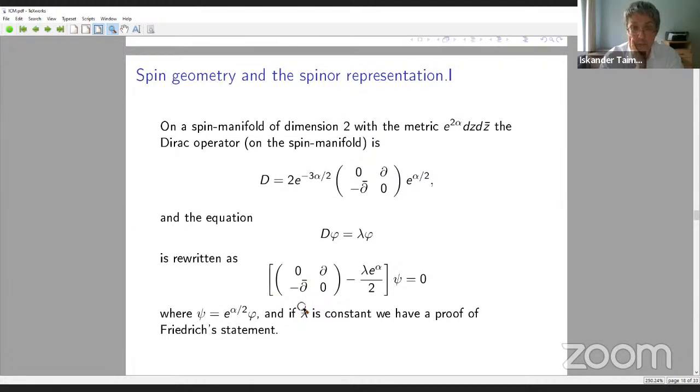It's a two-line derivation. Here ψ is equal to e^{α/2} φ. And if λ is constant, we have the proof of the Friedrich statement. This is the proof.